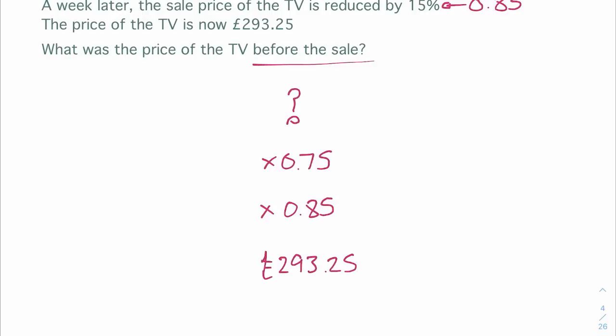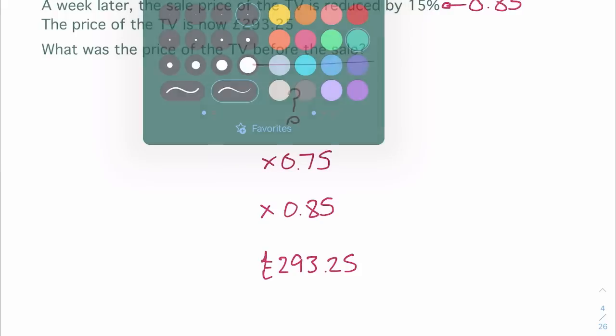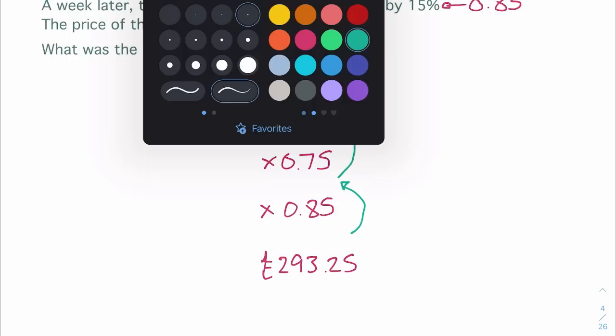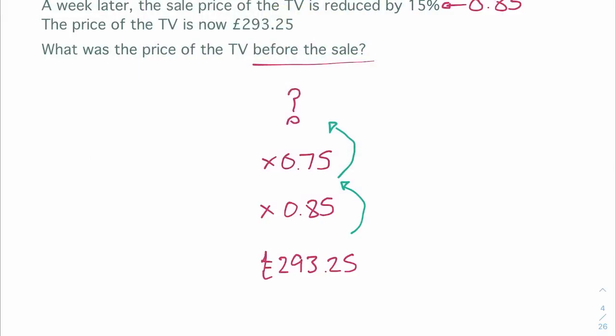Now, if we want to work backwards through these steps, all we have to do is reverse this process. So instead of timesing by 0.85 in that second step, we would divide by 0.85. And then to get back to the original number, rather than timesing by 0.75, we'll divide by 0.75.